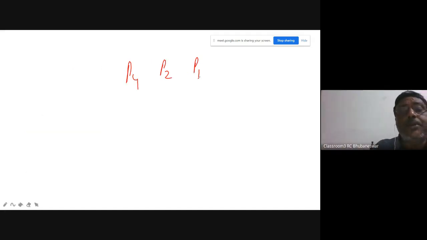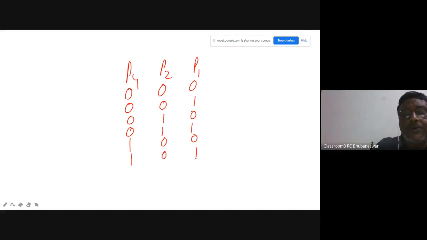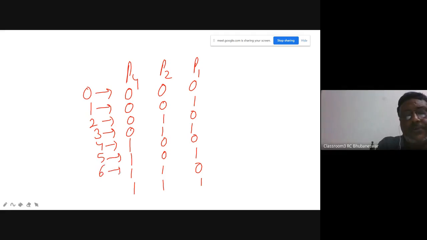As there are three variables, the number of possible cases is 8: 000, 001, 010, 011, 100, 101, 110, 111. We will convert this into decimal: 0, 1, 2, 3, 4, 5, 6, and 7. Right? You know that 0 means false, 1 means true. Agree, all of you?